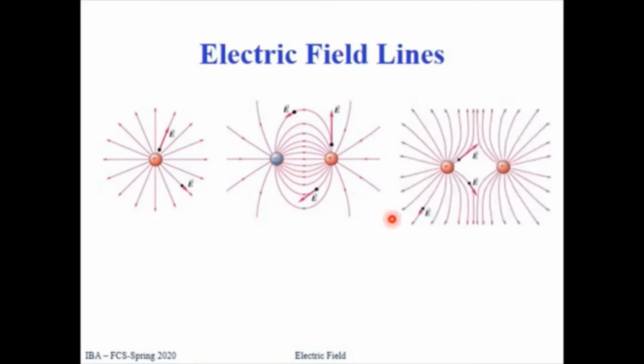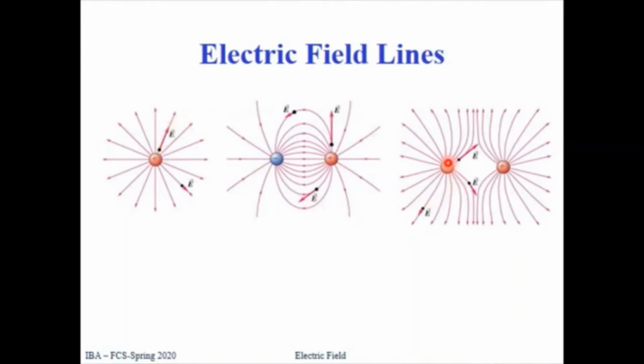On the other hand, if we have two positive charges, because like charges repel each other, the lines of force also repel each other. As I told you, the direction of the electrostatic field can be found through these electric lines of force.